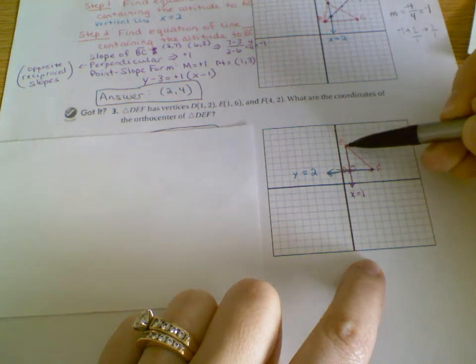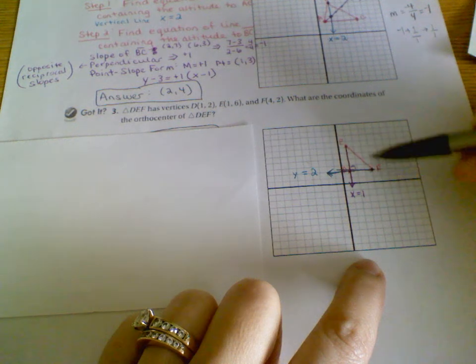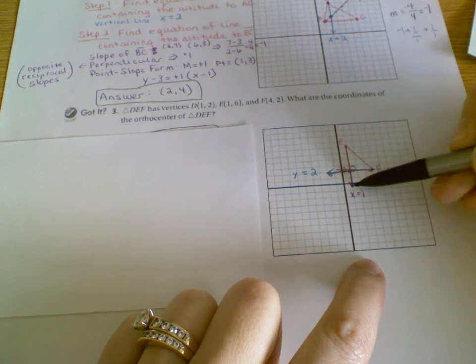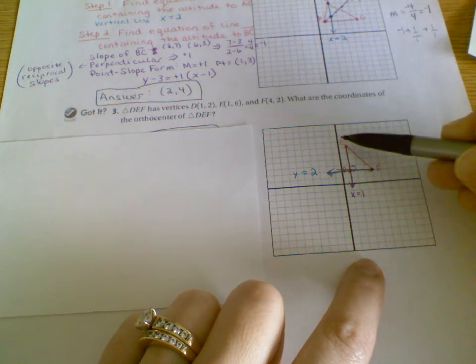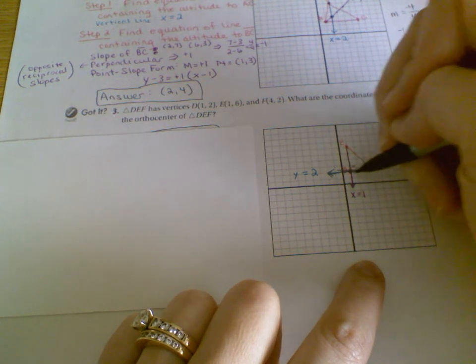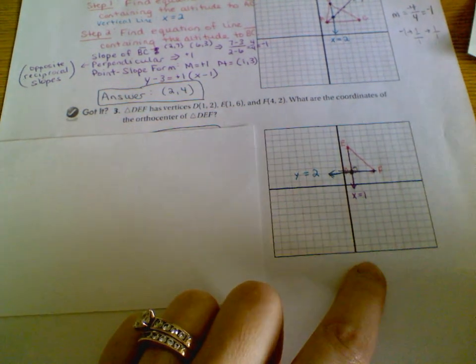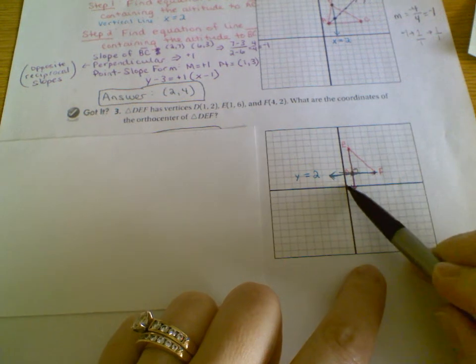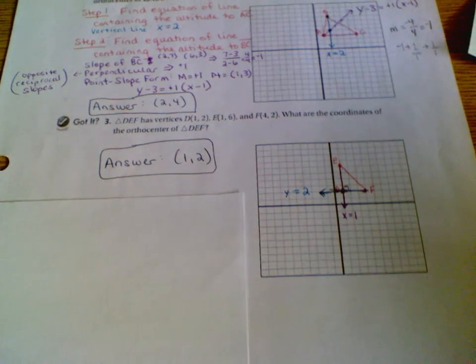Same thing for E. I can go straight down and I'm crossing through this opposite side, and now I have that altitude involving E. So then where those two intersect is this point there. So then I would just count. From the origin I would count over 1 and up 2, so my answer would be at (1, 2).